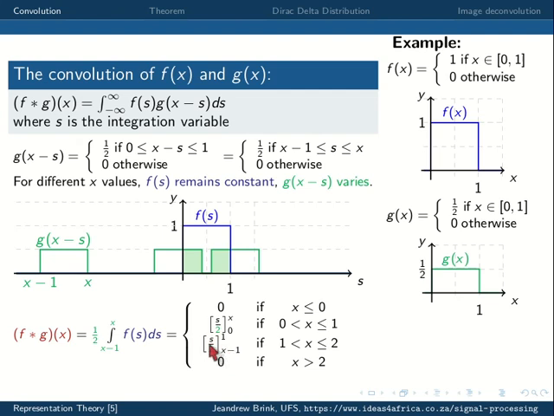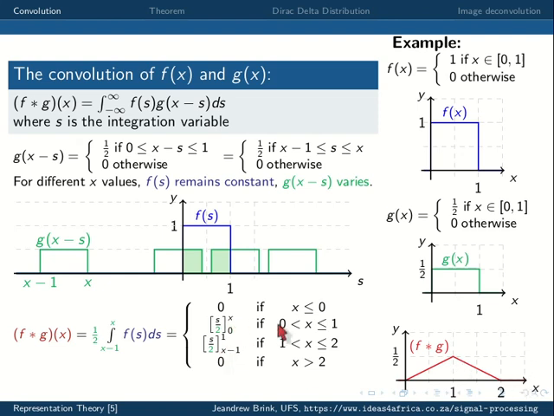You just put it in your integral and evaluate it. And then finally, when this box leaves, you have 0. So you can literally evaluate these boundaries, and what you get is the thing we derived, that the convolution f star g is simply a function that looks like that.